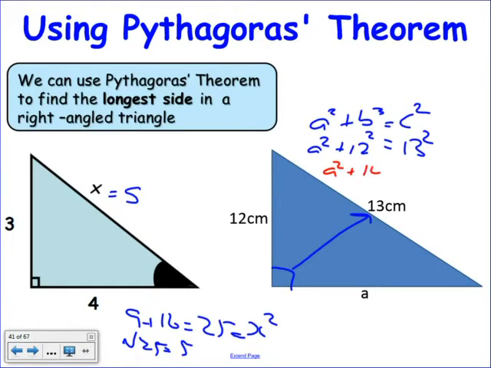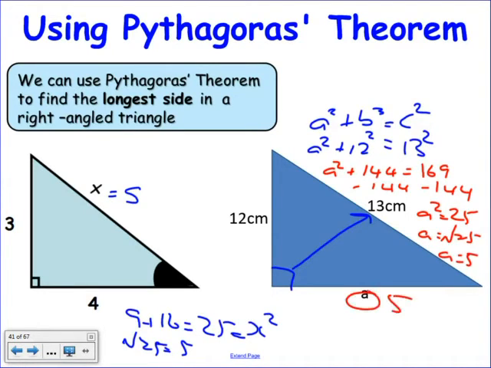A squared plus 144 is equal to 169. I'm trying to get a on its own. So the first thing you do is take away the 144 on both sides, and it means that a squared is equal to 25. Again, we have that dilemma with Pythagoras a lot of the time, where you're not just looking at a, you're looking at a squared. So to get a on its own, you need to square root the 25, so a is equal to 5. Everybody happy with that? Good.